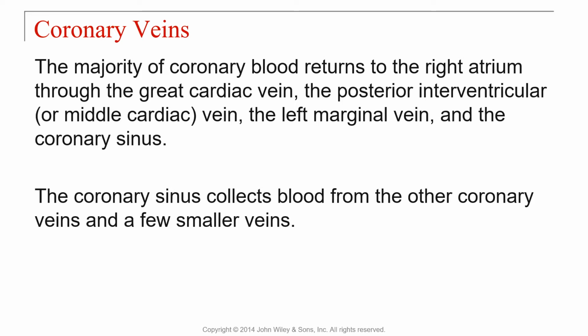Now, in between arteries and veins, what do we have? You have to keep in mind that there's more to coronary circulation than just the coronary arteries and the veins, because all of the myocardial tissue has to have fresh oxygen delivered to it, and it has to get rid of metabolic wastes. So between coronary arteries and veins, you're going to find capillary beds.